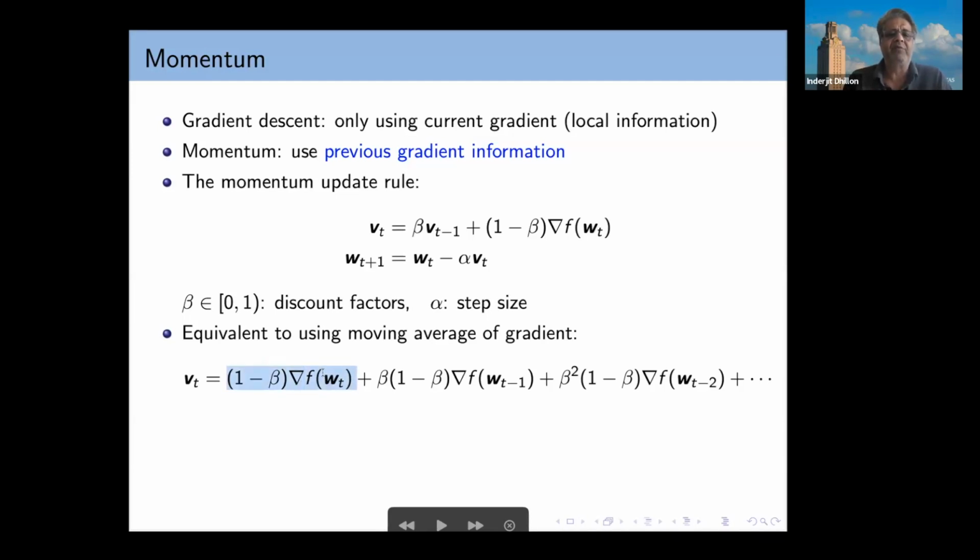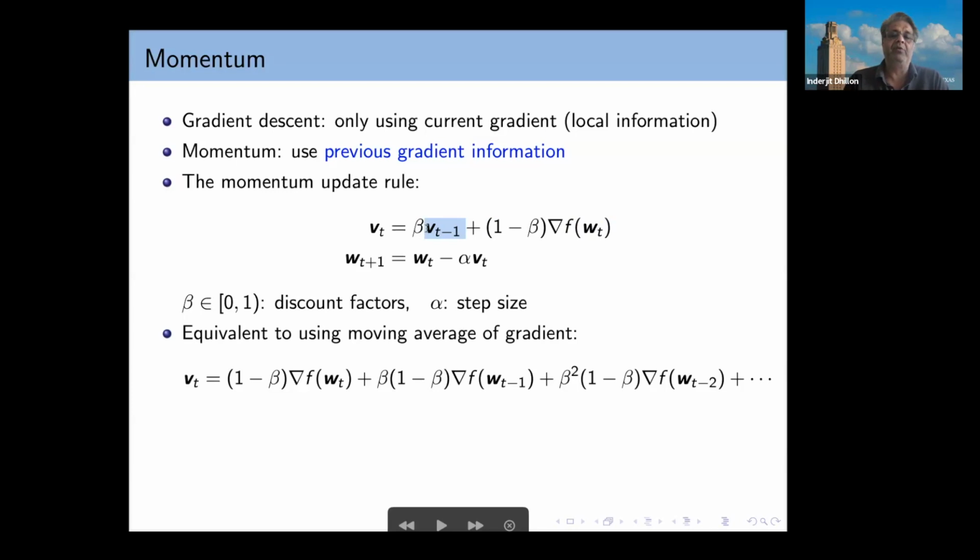So you can see that Vt has the 1 minus beta term, the same term over here, and then I have beta times Vt minus 1. I can now expand Vt minus 1, because Vt minus 1 is beta Vt minus 2 plus 1 minus beta times the gradient of f, not at Wt, but at the previous iterate, Wt minus 1.